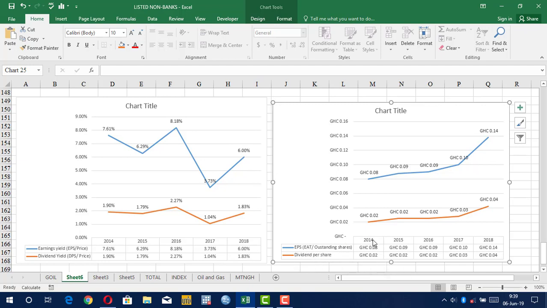Over the years, in 2014, dividend per share stood at 2 pesos, 2 pesos in 2015, 2 pesos in 2016, 3 pesos in 2017, and 2018 stood at 4 pesos.